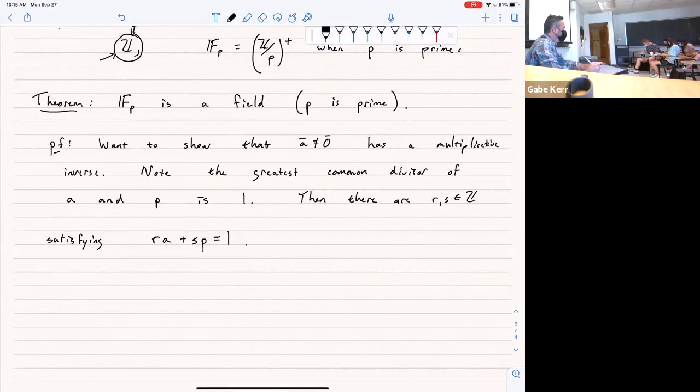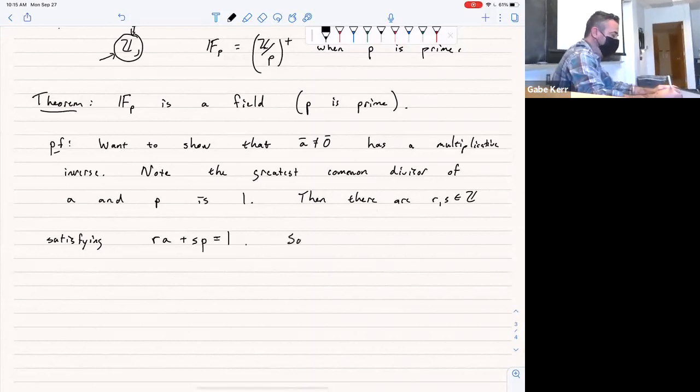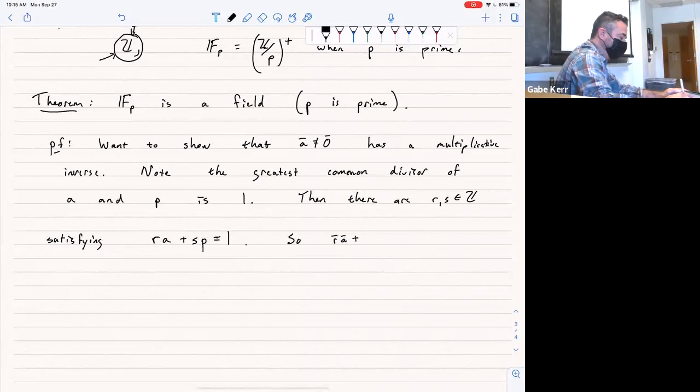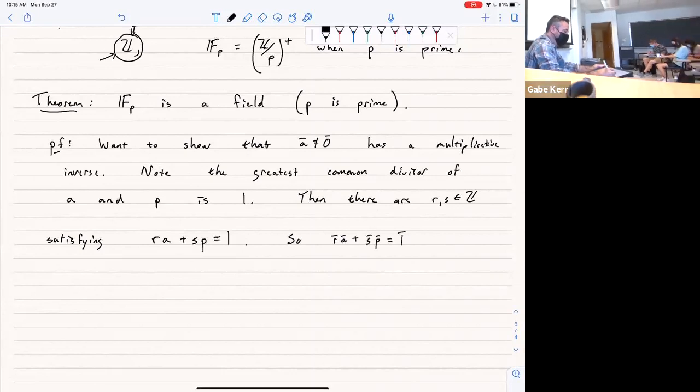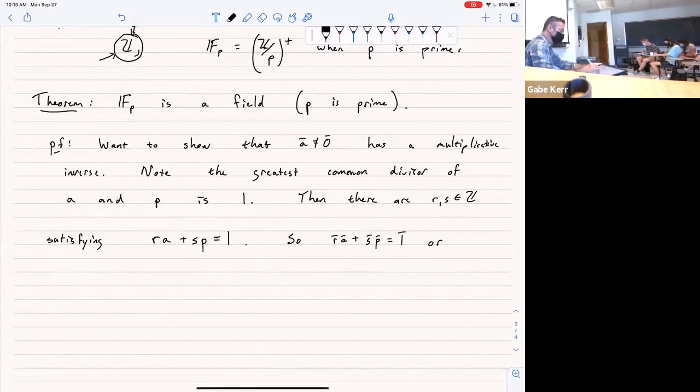Okay, let's take congruence classes. Can someone tell me, can I make this more simple? For any congruence class that you know, any way to simplify this? These are congruence classes mod P. So SP is just going to equal 0, right?